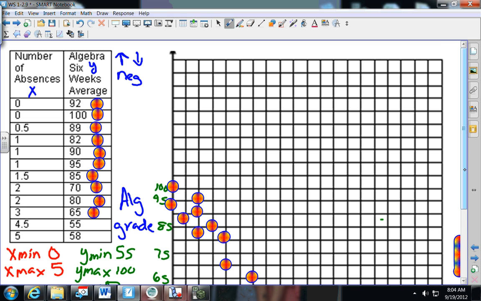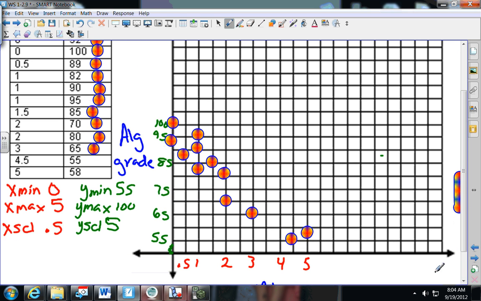So take your ruler right now, lay it down so that's in the middle of all those lines, and draw your trend line. And sketch it.